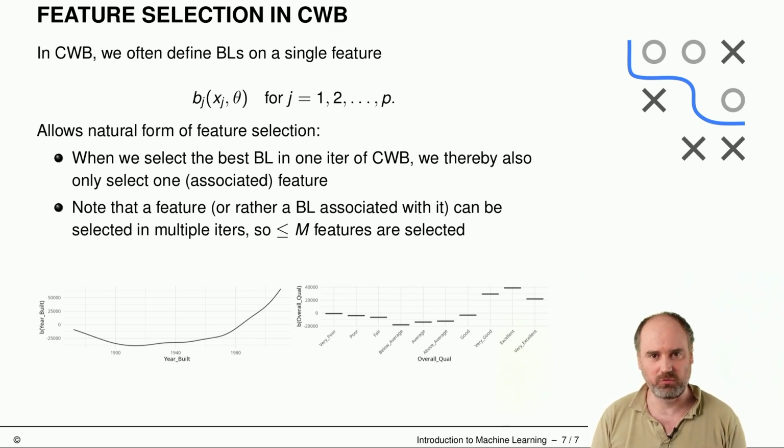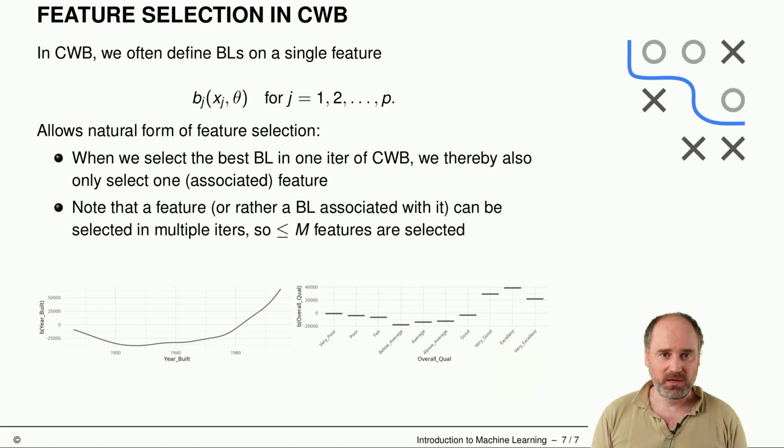So you might run, I don't know, 50 iterations of component-wise boosting, but you're always touching and adding in an effect referring to the first feature. That depends on whether you get more information by strengthening the effect of a certain feature or adapting it or adding in a different one.